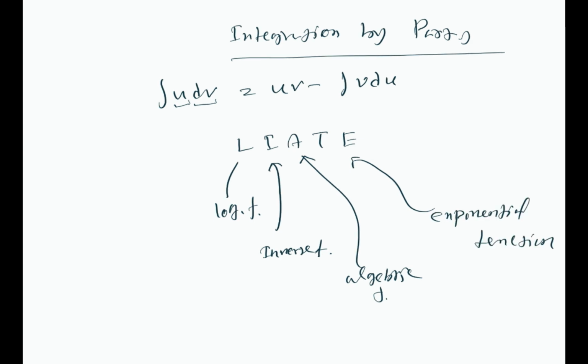So in this case we choose the earlier one first. Let's say we have one example with two functions, one algebraic and one logarithmic. For u we need to go for the logarithmic function, and for the algebraic one we need to go for dv.